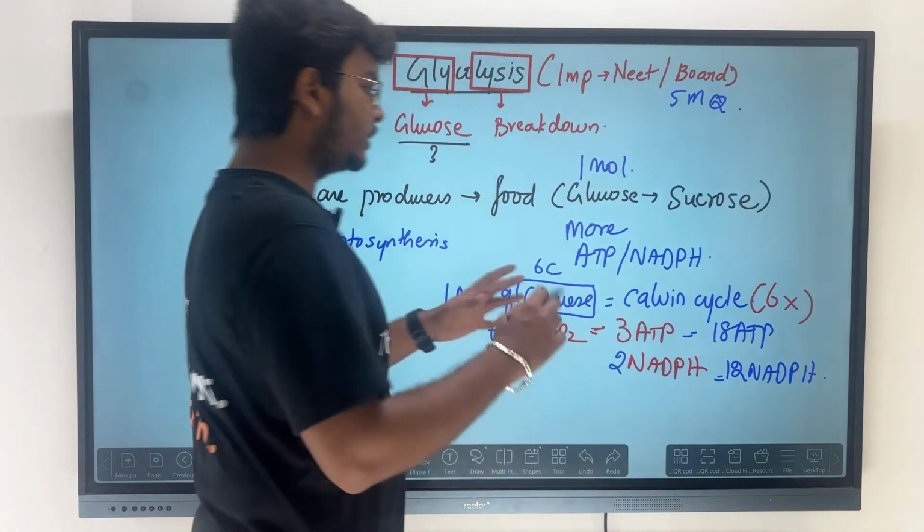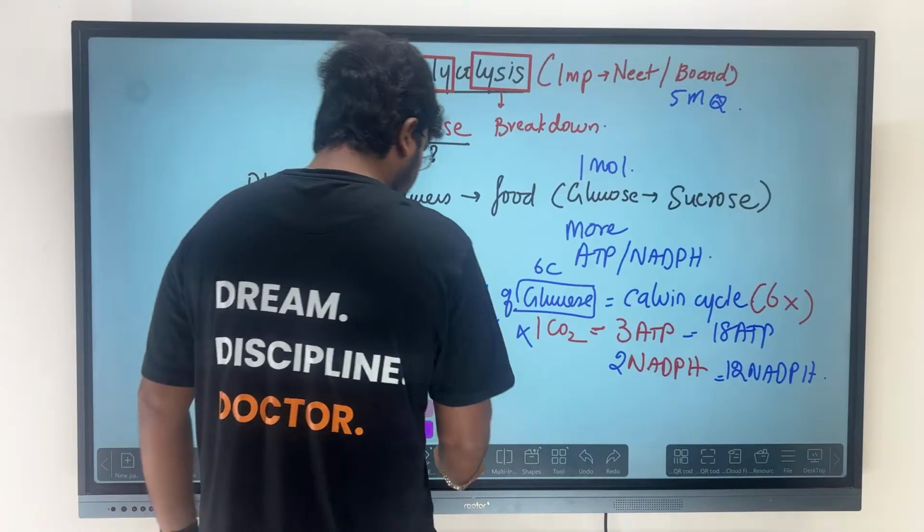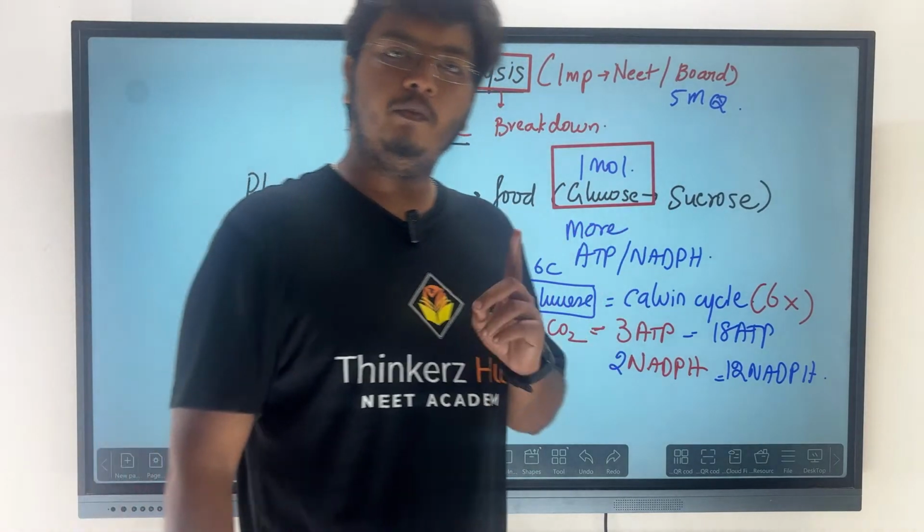So by spending this much energy, they produce one single molecule of glucose.